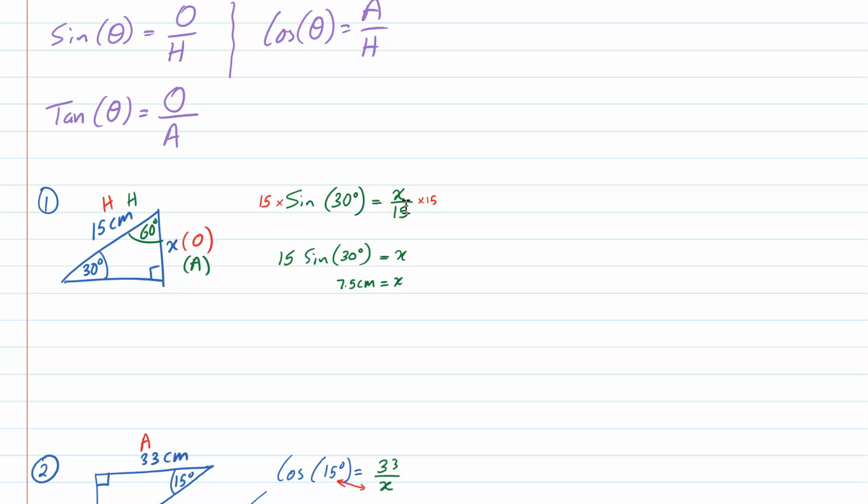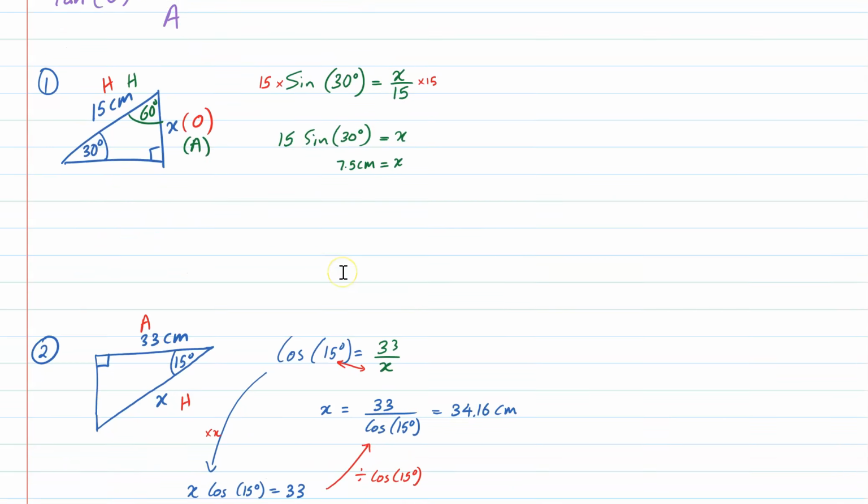You can either use the CAS calculator or multiply both sides by 15 to get rid of that 15, and you obtain the next step as x equals 15 sine 30. Of course, you need to use the calculator now to find the value of this one. If you punch this into the calculator, you will end up with 7.5. In fact, sine 30 is half, so half of 15 is 7.5.